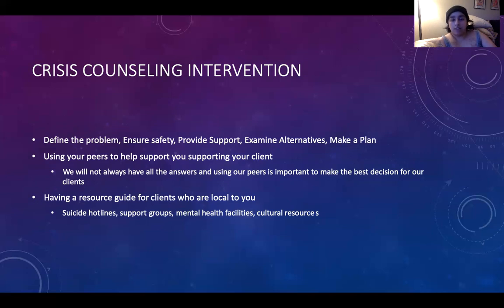We're not always going to have all the answers, and we're not going to be able to fix every problem. That's an impossible standard to uphold. So know that we have resources and peers who know more than you and who can help guide you into making the best decision for your client.